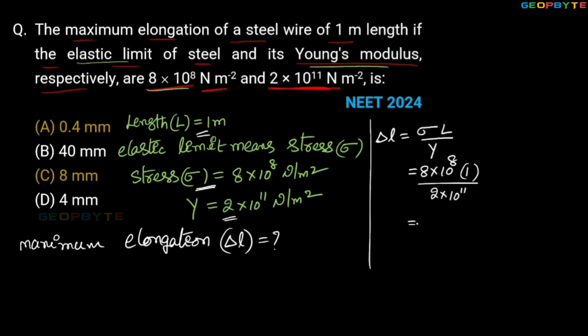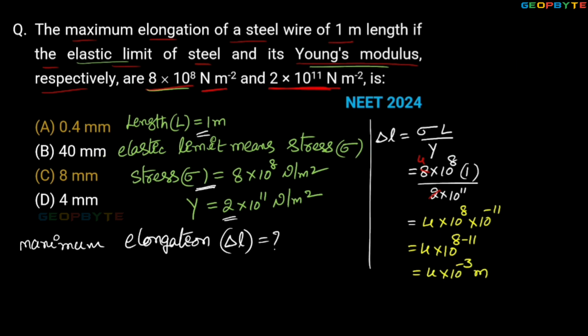Here we can cancel 2 four times. It is 4 into 10 power 8 into 10 power minus 11, which is 4 into 10 power 8 minus 11, equal to 4 into 10 power minus 3 meters.